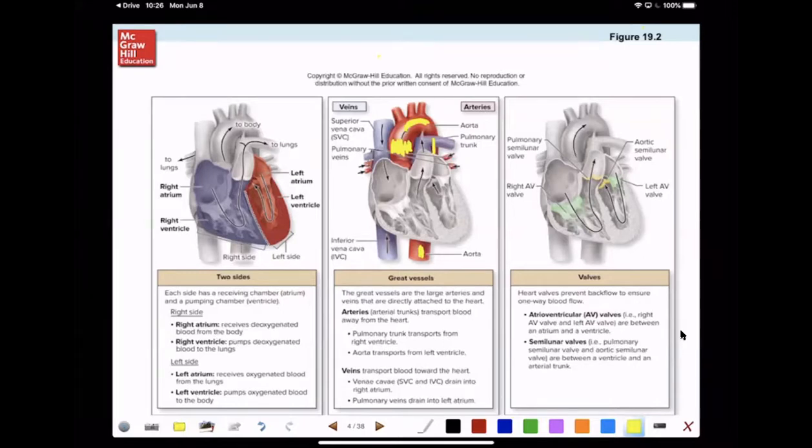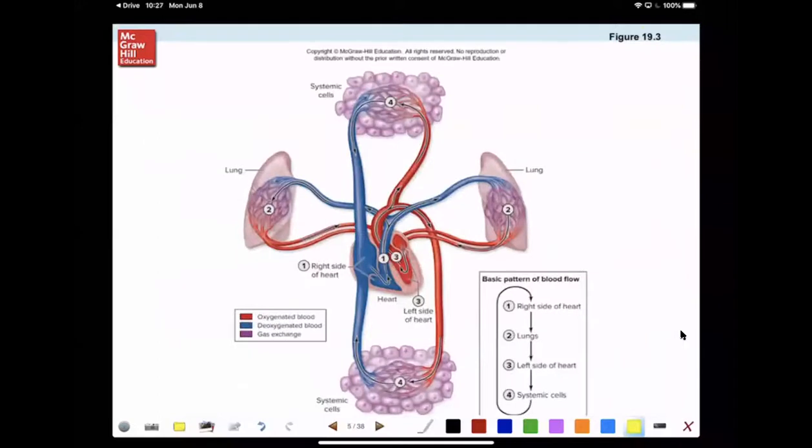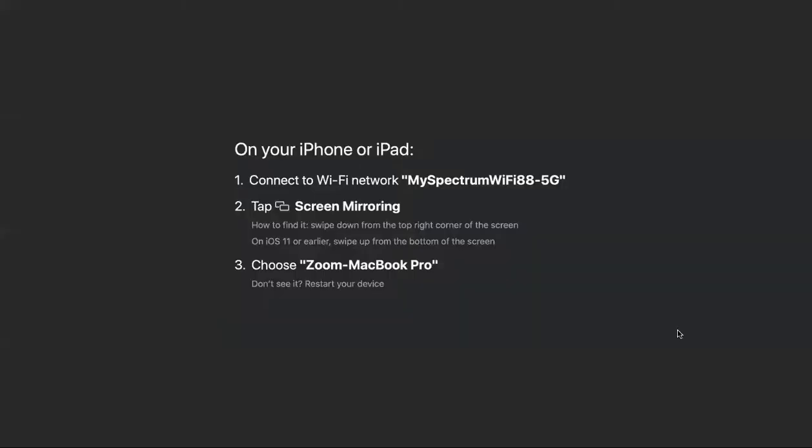Okay, this figure right here shows you that general flow pattern of the blood through our body. Okay. Whoa, what happened? I don't know why it's disconnecting me. Sorry. Oh, tell me you're not gonna quit on me. So anyway, waiting for my iPad to connect to my computer. It was just fine.